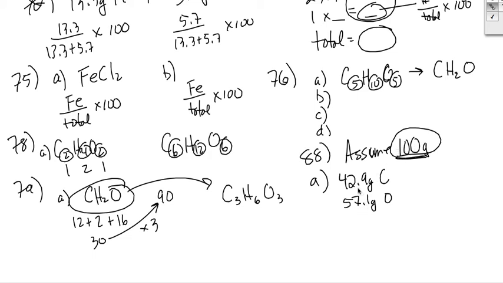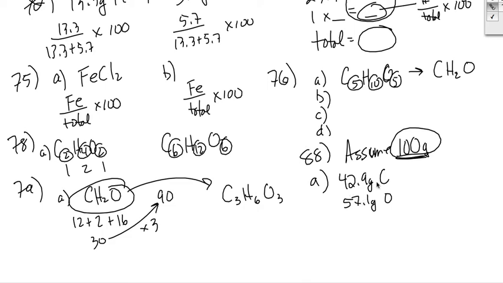And then if I've got 42.9 grams of carbon and 57.1 grams of oxygen, what I want to do is convert these.